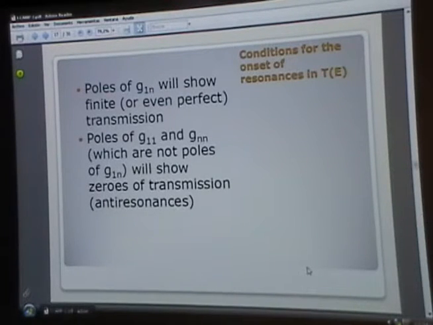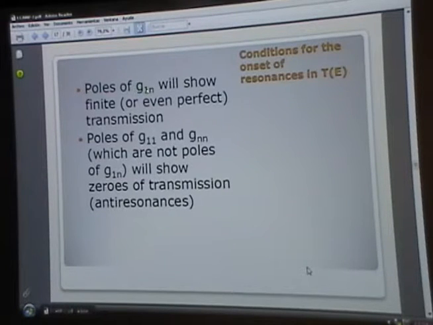Well, I will not enter into details, but we can say that the condition for the onset of resonances, these resonances have the signature of those peaks, asymmetric peaks in the case of Fano effect, are determined by the poles of the Green functions.